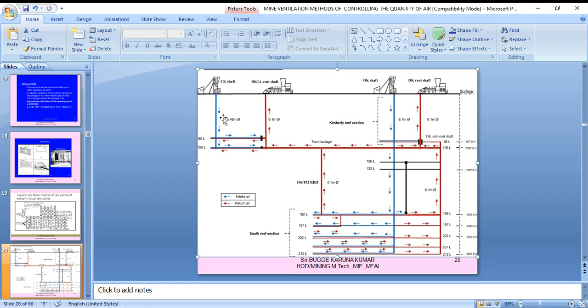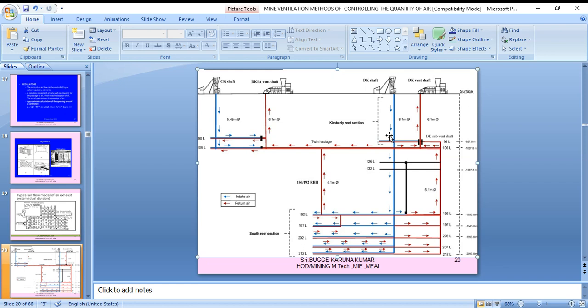See, for example, take this: the air is entering to the 90 level and ventilated. This stopping is there to avoid contaminating the air. Similarly, there is another intake for the purpose of adding fresh air here. Similarly, here also, see.